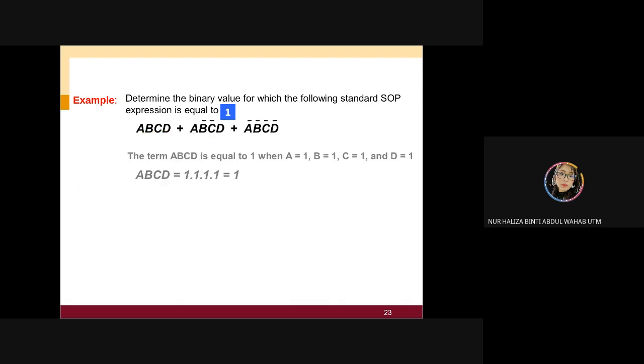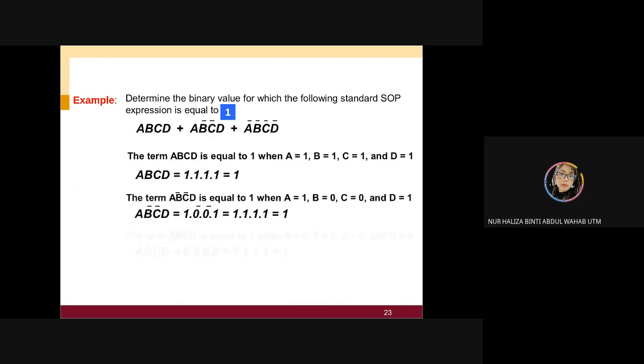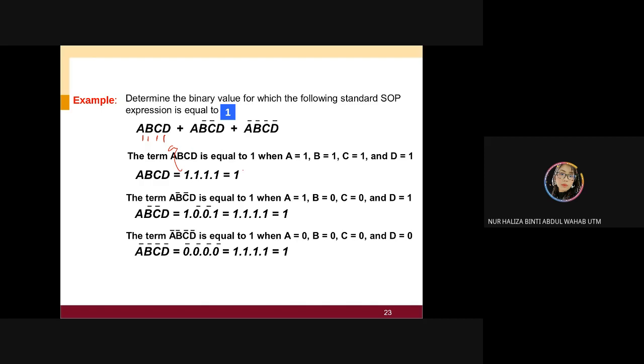So here, this one, you can try to do it. It's basically applying the similar things that I showed you. If you have 1, 1, 1, 1, then you get 1. You're adding with whatever number here, you still also get 1. So if let's say for this condition, 1, 0, 0, 1, you bar and you get 1.1.1.1.